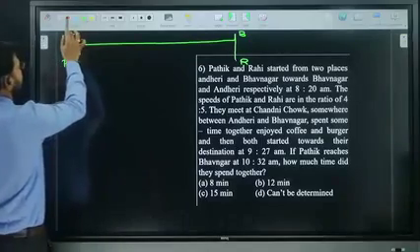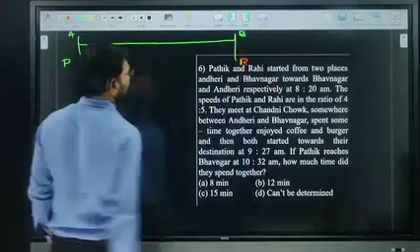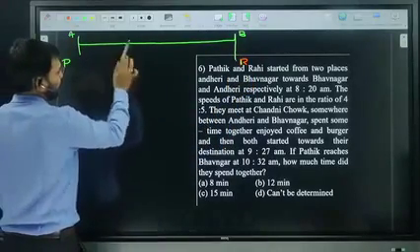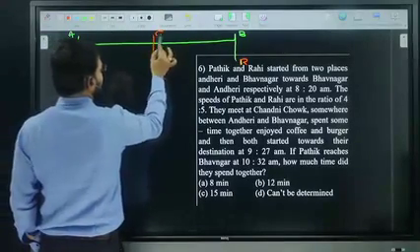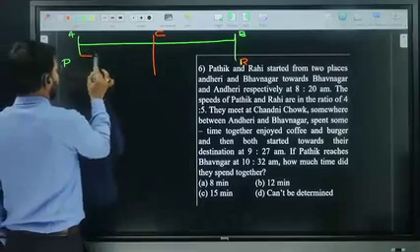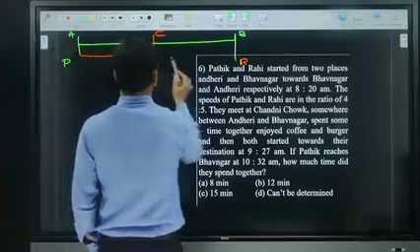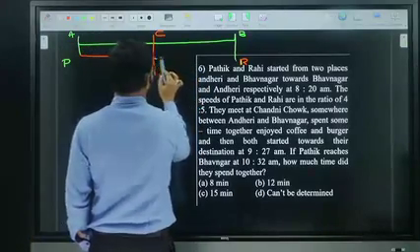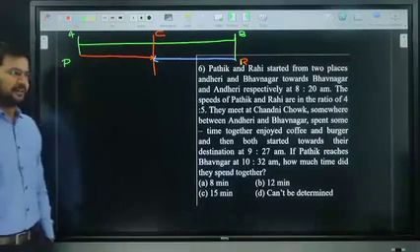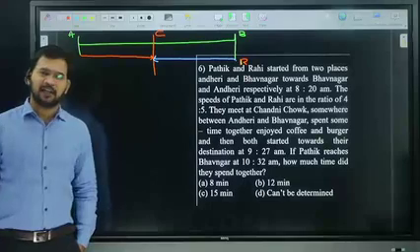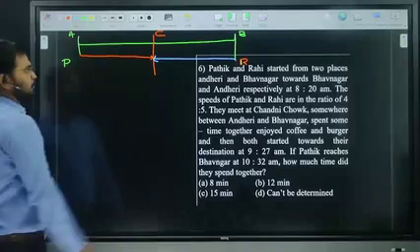Both are meeting somewhere between Andheri and Bhavanagar, at Chandni Chowk. For example, this is Chandni Chowk. Listen carefully to the starting explanation.